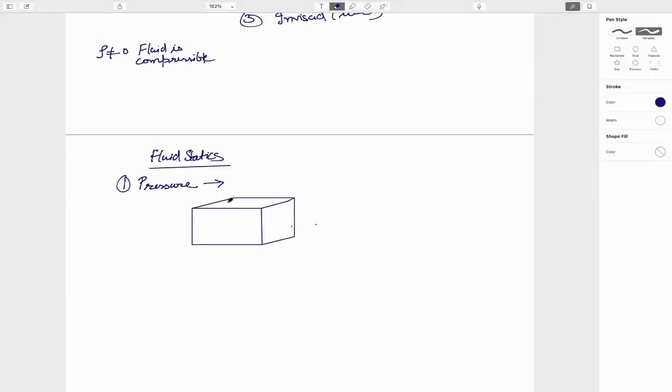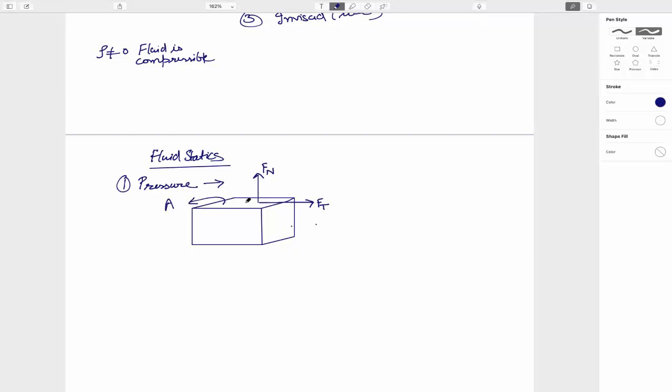So let's say this is the area. Is it this force per unit area? This is tangential, this is normal on this surface. So is it tangential force per unit area? Is it normal force per unit area, if we want to find the pressure at this surface of area A?